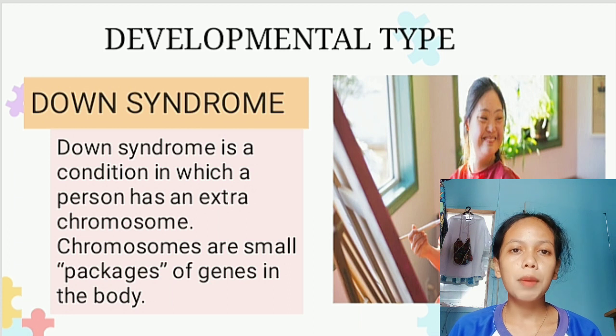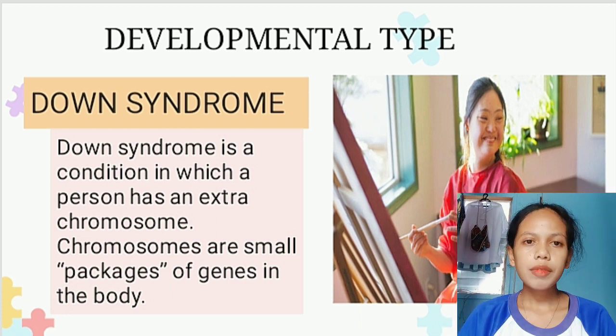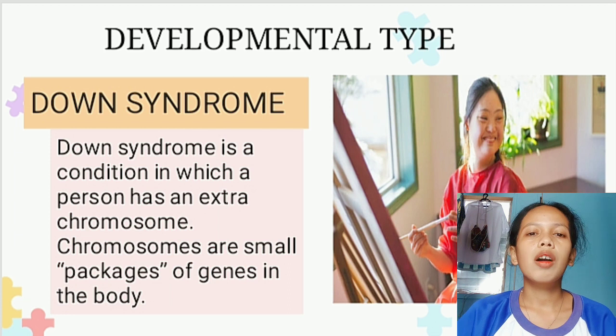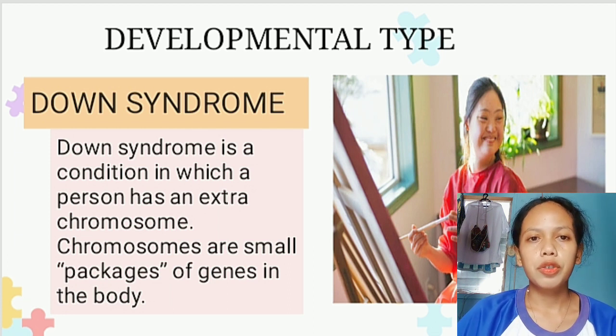This extra copy changes how the baby's body and brain develop, which can cause both mental and physical challenges for the baby. Here are some common physical features of Down syndrome.